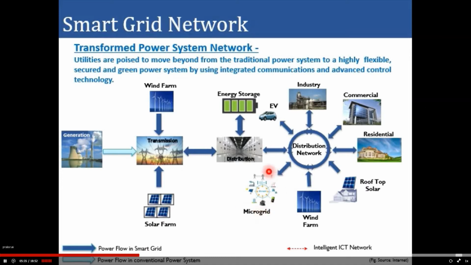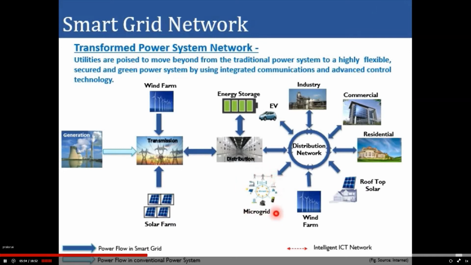So those will be self-sustained islands where they can generate and consume electricity on their own, and the extra can be supplied back to the distribution grid. And when there is a deficiency of the power, then they will take power back from the grid.